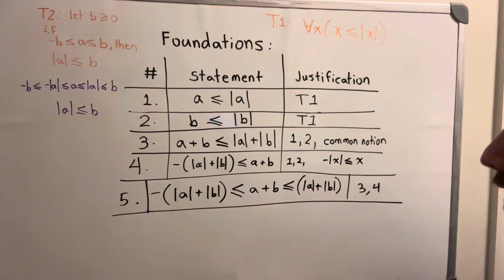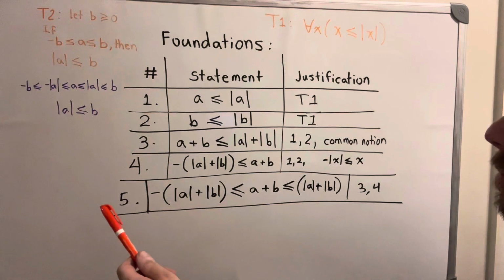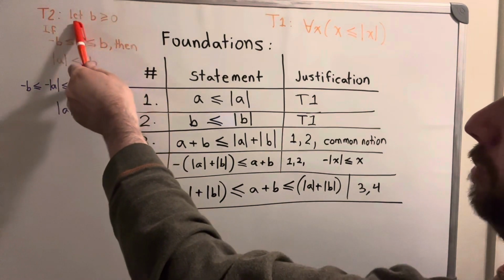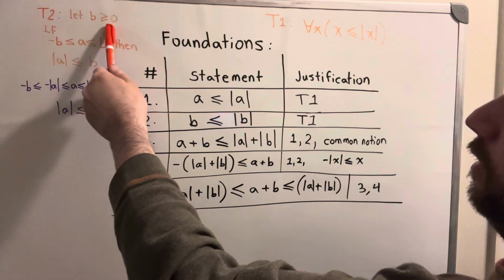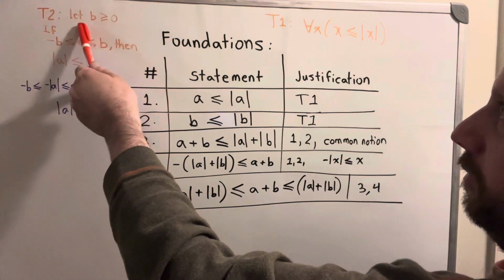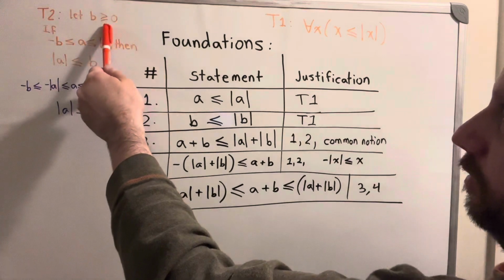What I've written up here is let's quickly establish some theorem which we'll call theorem 2. Let B be some positive number right here. We'll assume that B is non-negative, B is greater than or equal to 0.